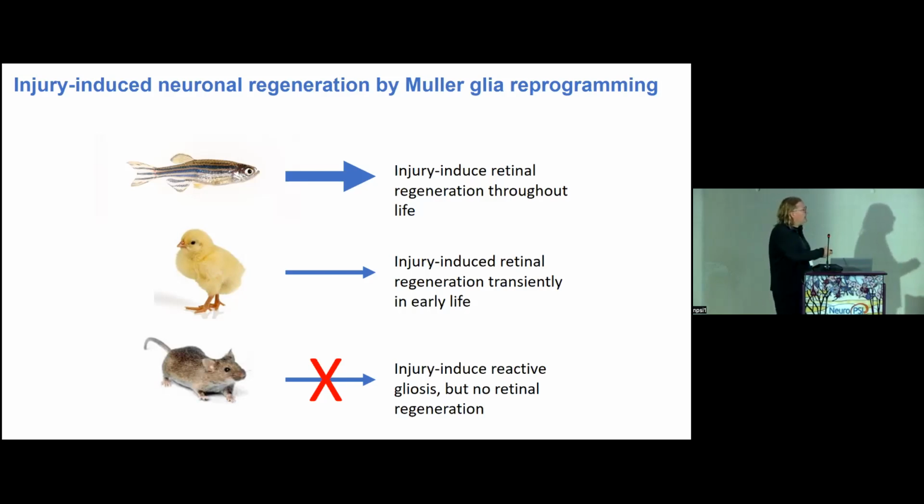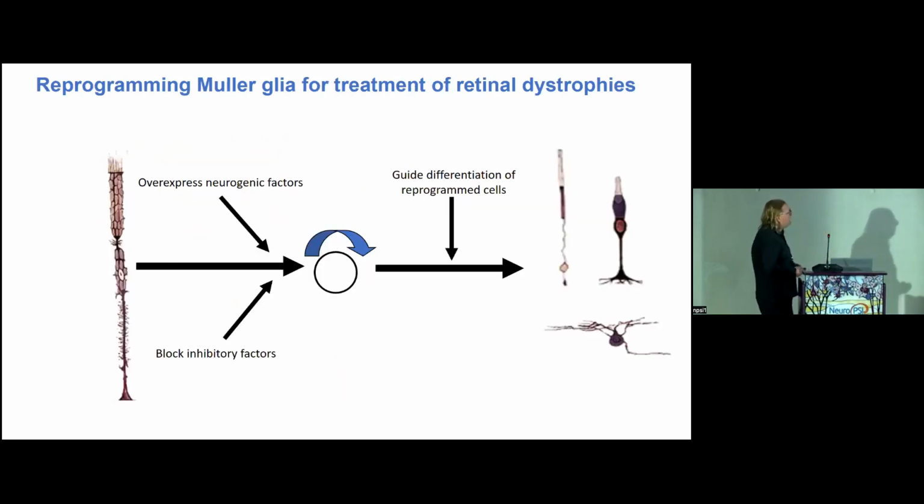Now, unfortunately, in all vertebrates, mice, humans, everyone we've looked at, the glia do not make any neurons following injury. Instead, what happens is that the glia reprogram to an activated or gliotic-like state, and then over the course of several days, return to a resting state, at least following an acute injury. Now, again, this is a case where we would really like to be more like a fish.